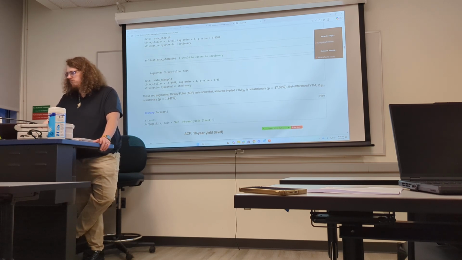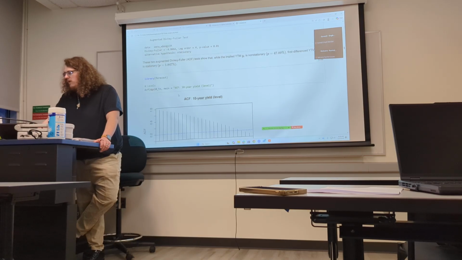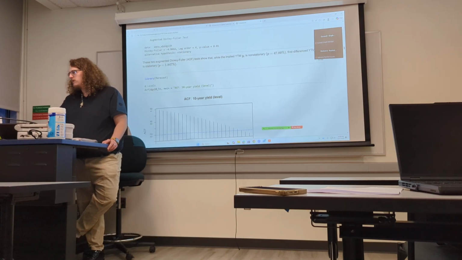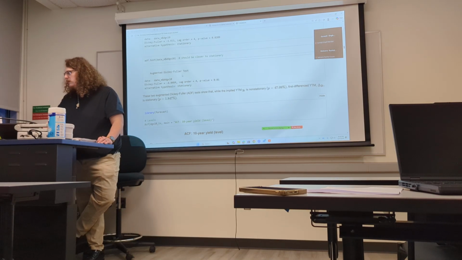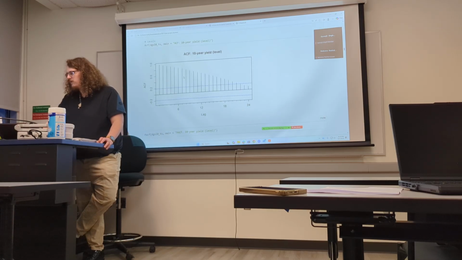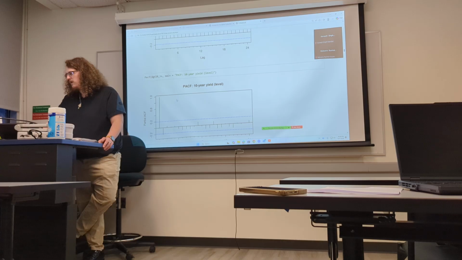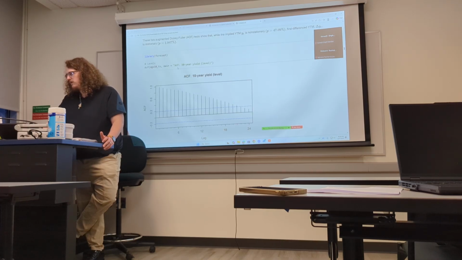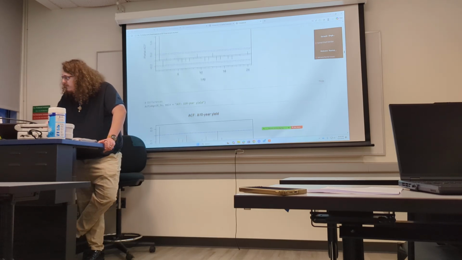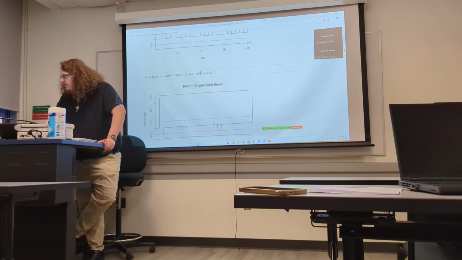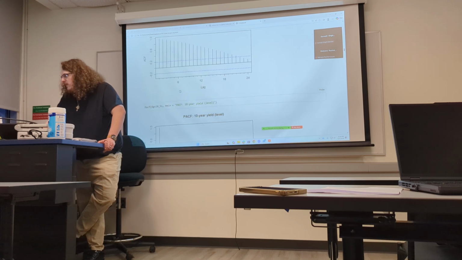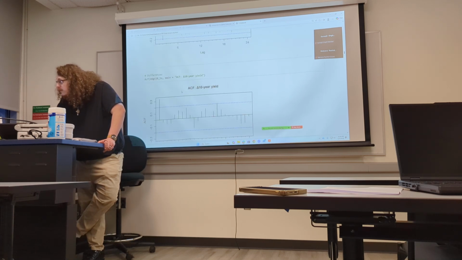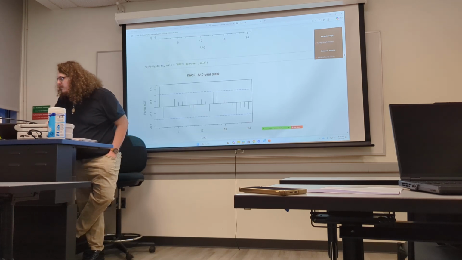I don't have any strong intuition for why that would be, but all the test results show that the difference in the yield curve is fairly stationary. For DGS10, you use the ACF and the PACF. We have a sharp spike here, and then for the difference, you have the ACF and the PACF here as well.